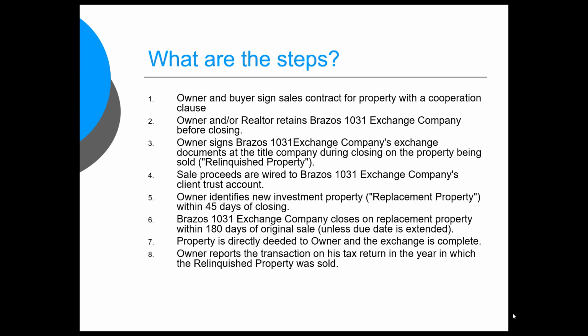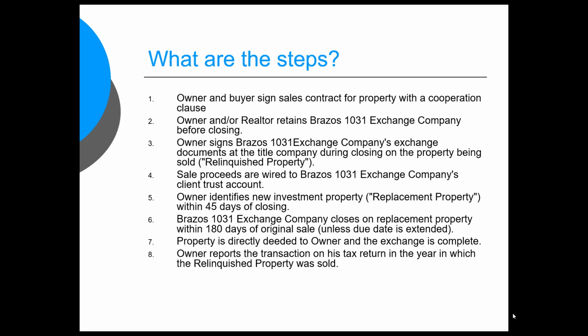Typically, those documents are signed at the title company while you're closing on the property that you're selling. So this is in a forward exchange, either a simultaneous exchange or a deferred exchange. And so you're going to sign the documents that we supply to the title company, and you're going to sign them along with signing the rest of the closing documents, the deed, etc.